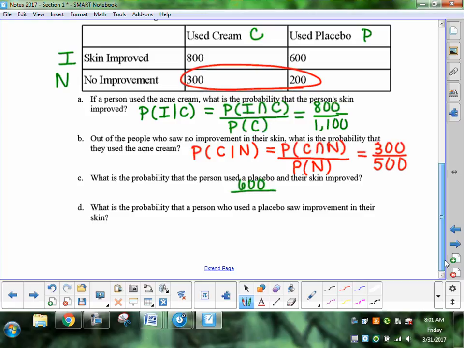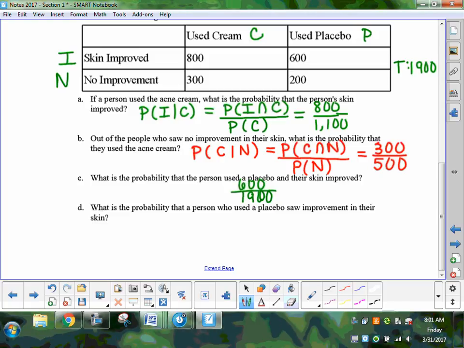How many total people? 1,900. How did you get that? That's your total. Add all those numbers up. How many total people are we looking at? Yeah.